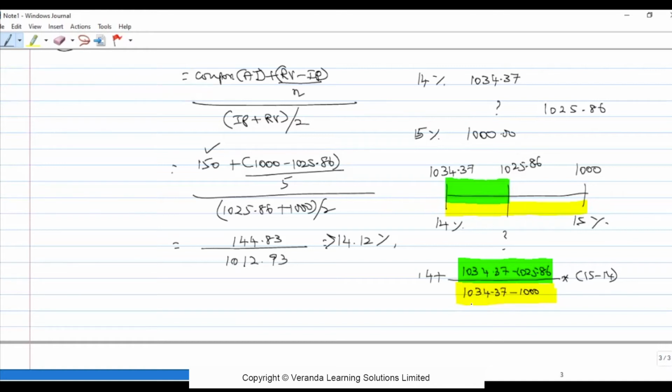I just give the answer as 14.25%. Approximate method is 14.12.